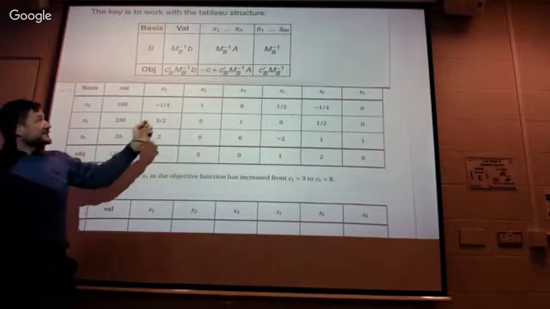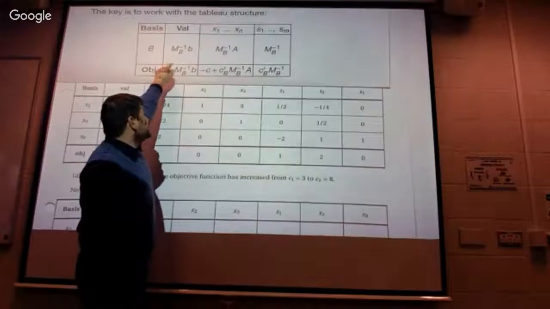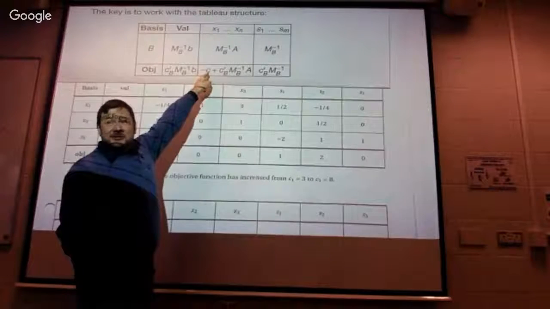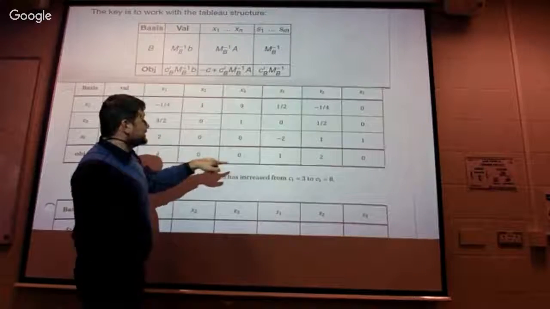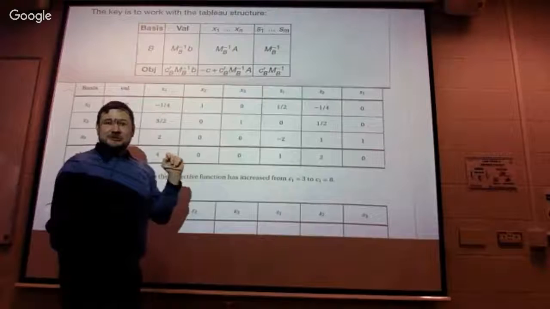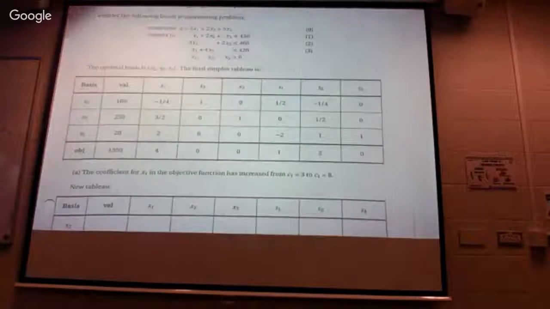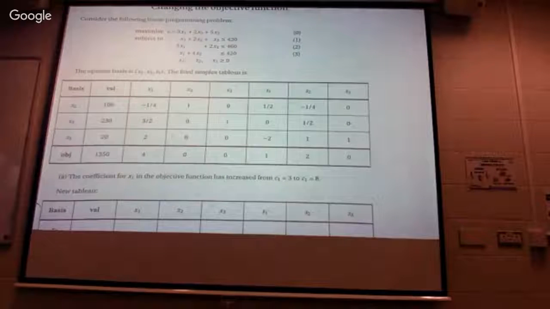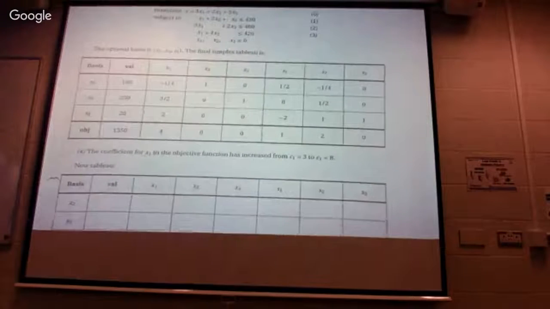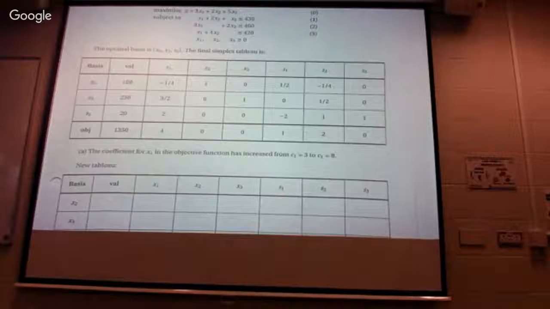Because it doesn't appear there. It only appears here. And so if you're only changing one of them, you're only changing one of the boxes. That's the observation. So I'll write this.